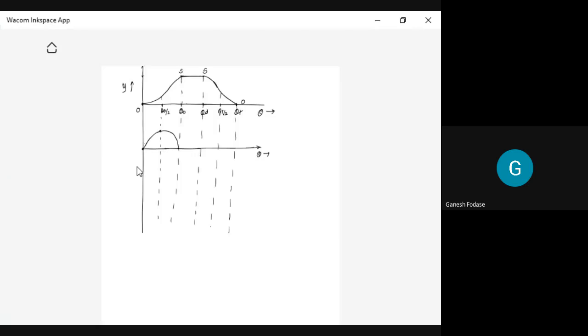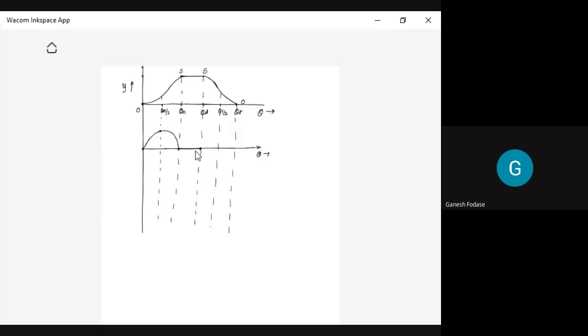What about dwell? During the dwell period, how much is the velocity? At the start of the dwell, 0. At the end of the dwell, 0. So in between also it is 0. So during the dwell period, it is 0 velocity. Next, for return, it is similar to rise, only in the opposite direction.